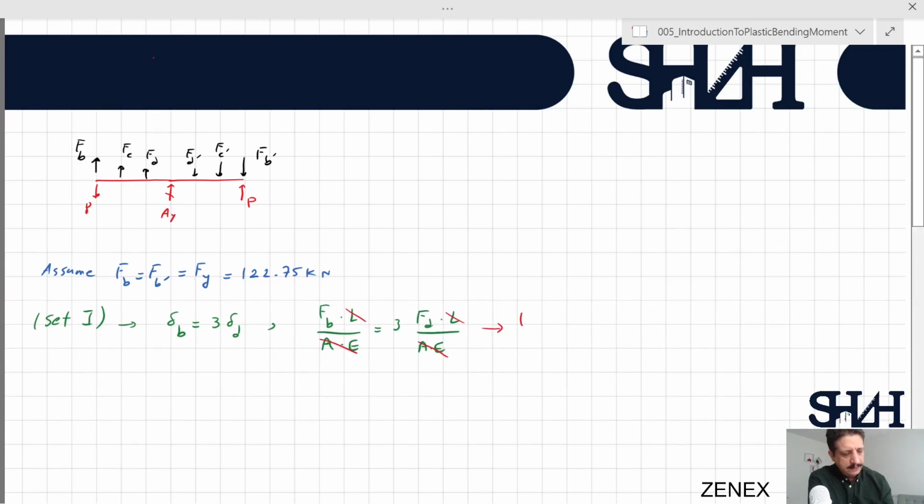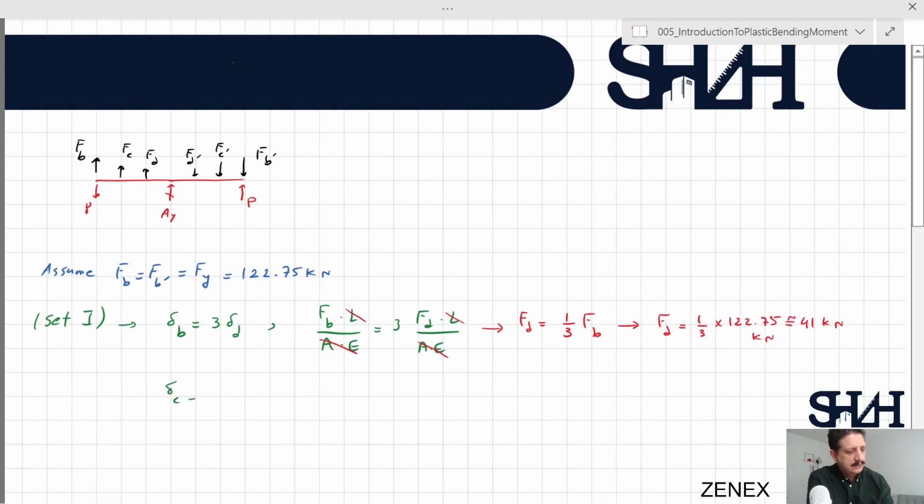So FD will be 1/3 of FB. As far as B is now plastic, or it yields, then FD will be 1/3 times 122.75 kilonewton. It is 41 kilonewton.